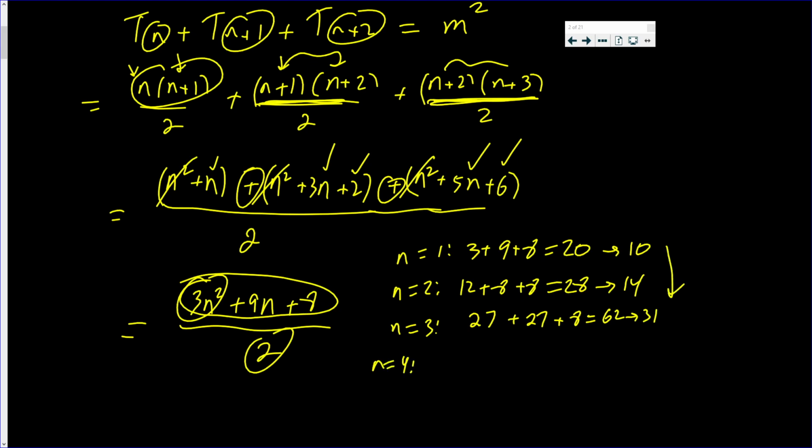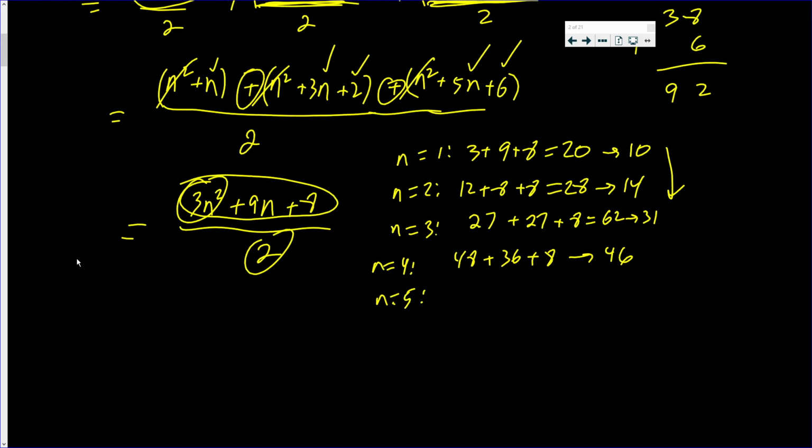I'm hoping the next one will be 36. n is 4. 3 times 4 squared is 3 times 16, which is 48, plus 36 plus 8, which is 92, I guess. And half of that is 46. No such luck.